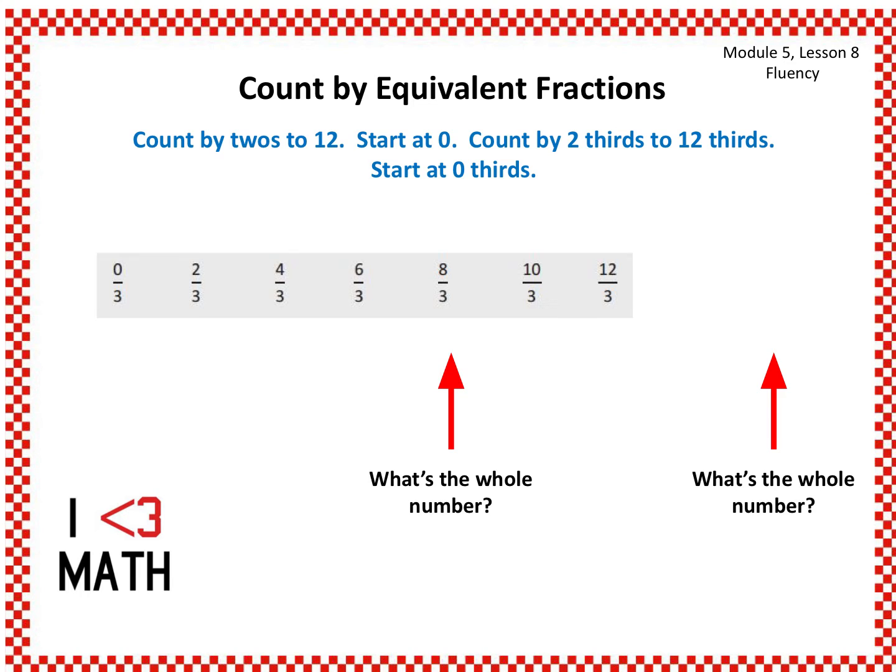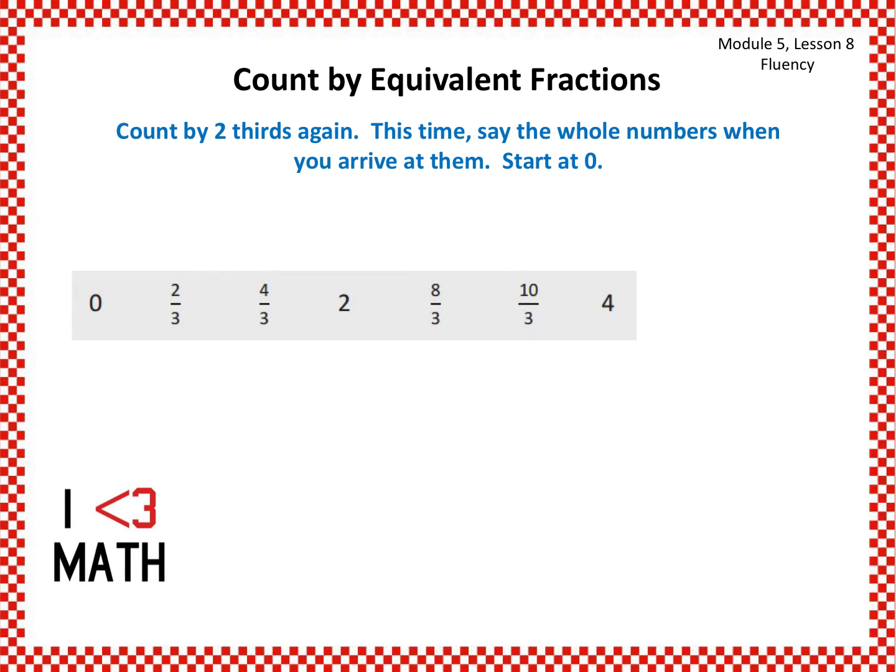Now my arrows are kind of pointing to the wrong spot, so I need to just move that over, and I want you to think, well, what whole number is represented by 6/3 and by 12/3? One way you can figure it out is by dividing. 6 divided by 3 is 2, and 12 divided by 3 is 4.